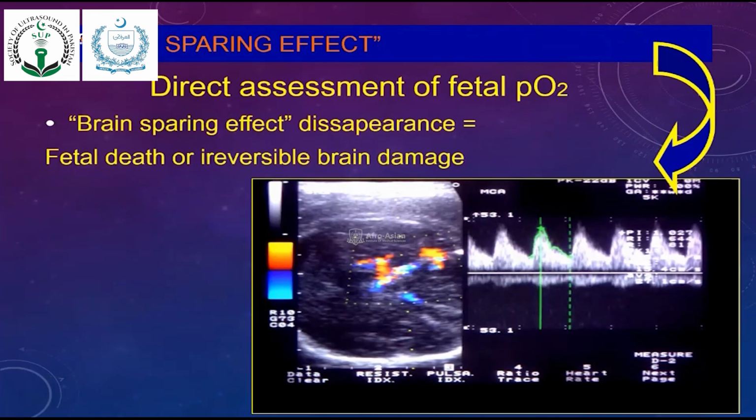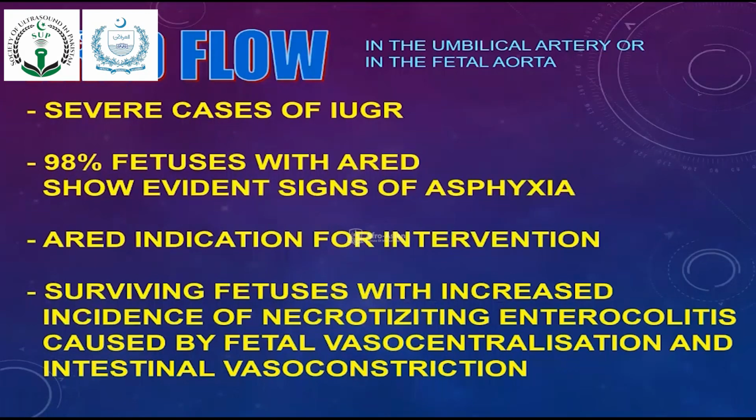We can do direct assessment of fetal oxygen. Here it is, the peak systolic velocity, and then this is the end diastolic velocity. Fetal death or irreversible brain damage can also be assessed. There is a term called ARED flow. A is for absent, R is for reversed, E is end, and D is diastolic.